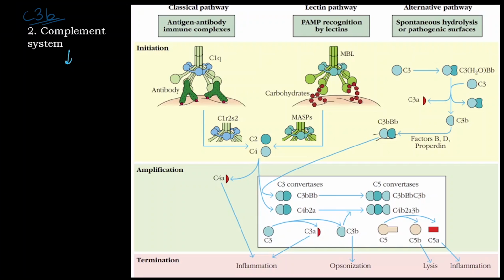The complement system consists of many different proteins, around 30 proteins, that improve the ability of the antibodies and the phagocytic cells to fight invading organisms.